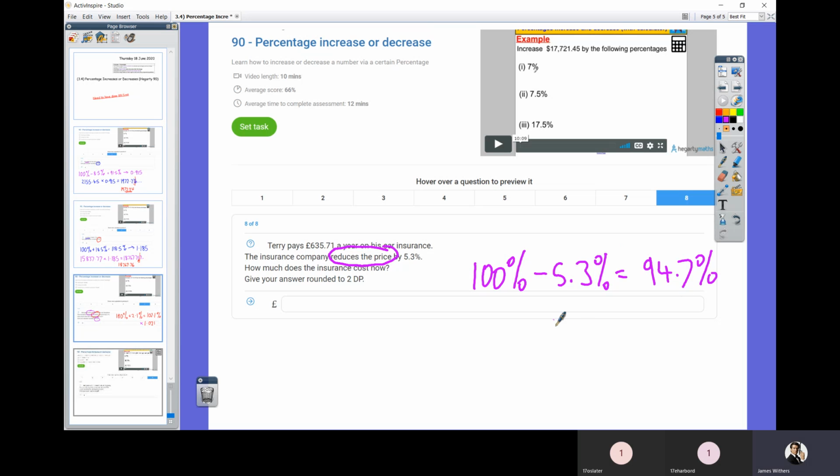So your multiplier is going to be 0.947. So for this question, take your 635.71, multiply it by 0.947, and then write that down, and make sure you round your final answer to 2 decimal places.